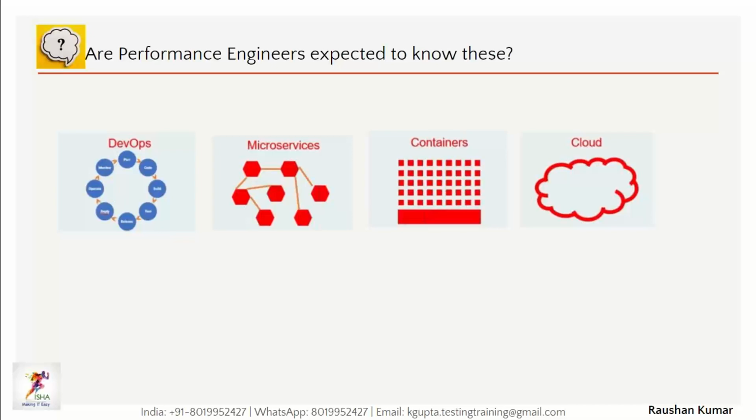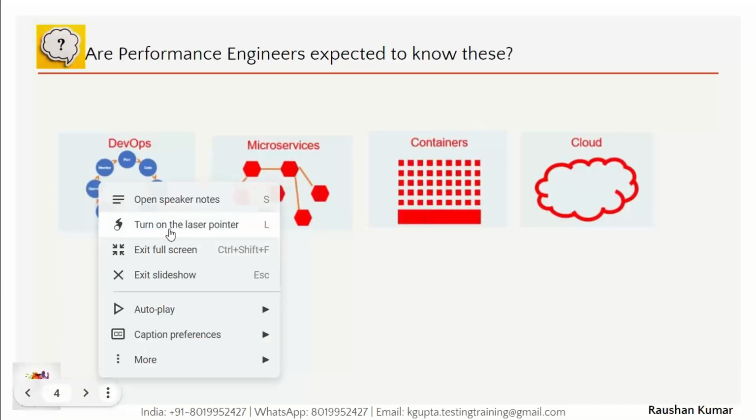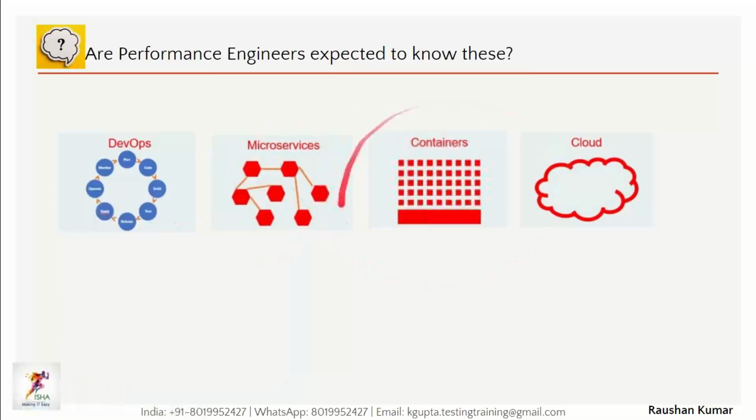And any QA engineer who is trying to migrate to automation or the DevOps part, absolutely yes, you have to know this. And I will tell you why it is important. If you look at the next slide, where DevOps, microservices, containers, and cloud fit, then you would understand why these are important.